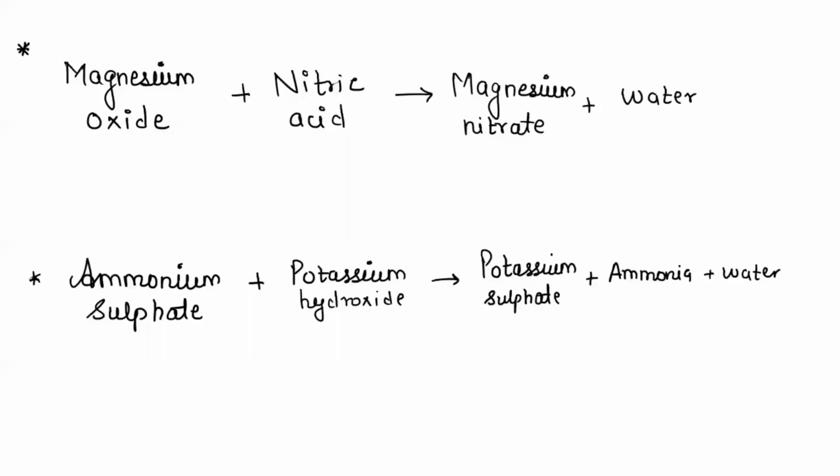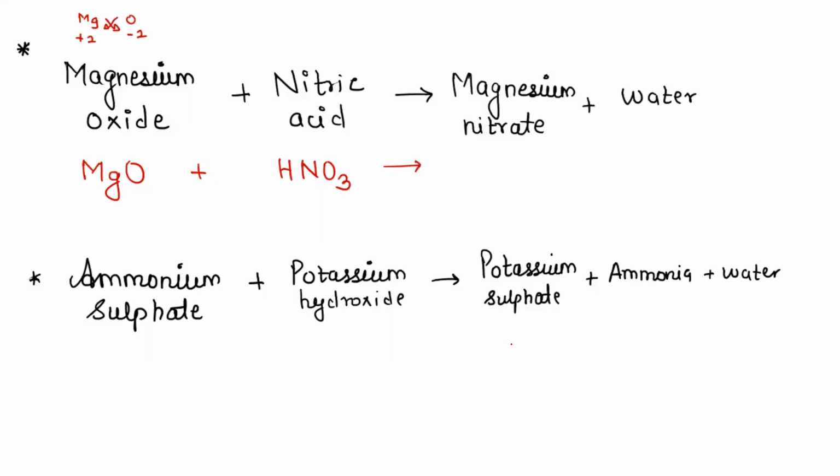Formula of magnesium oxide. Mg is +2, O is -2. So crisscross, it will be MgO. Plus nitric acid, HNO3.